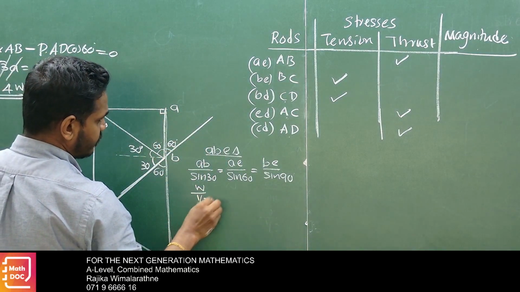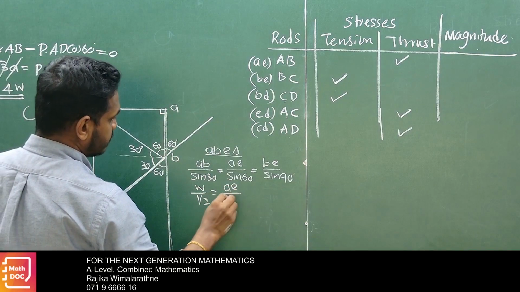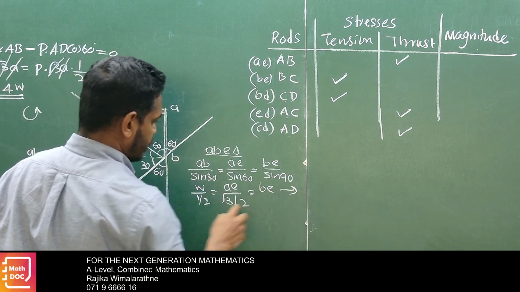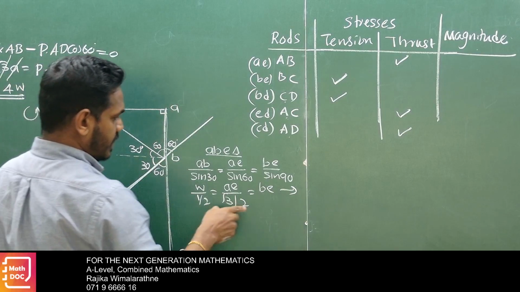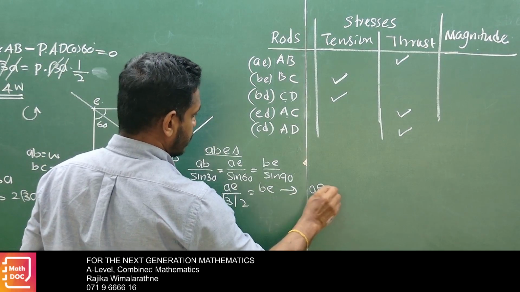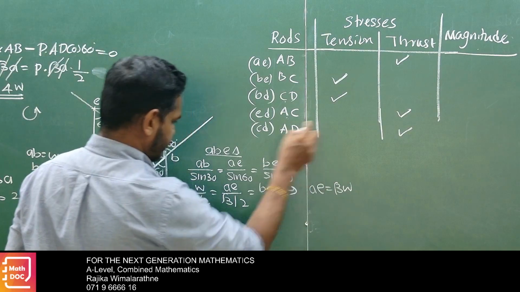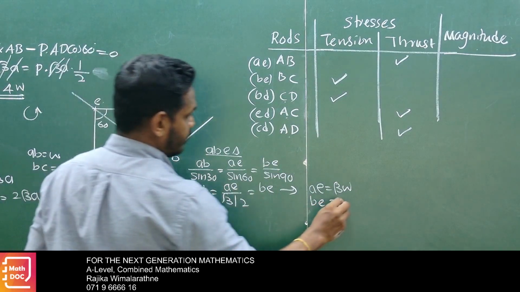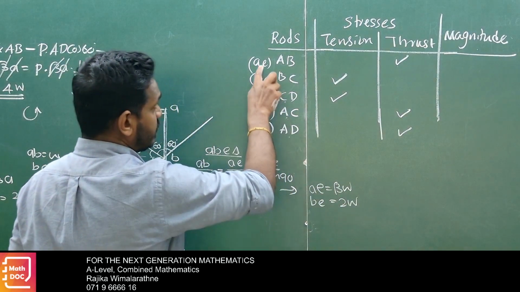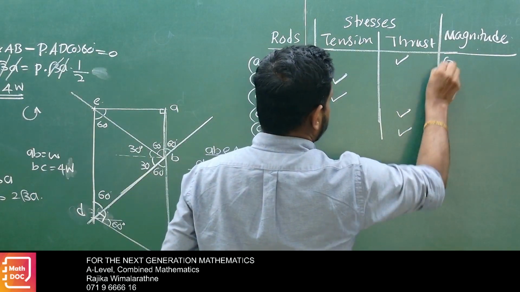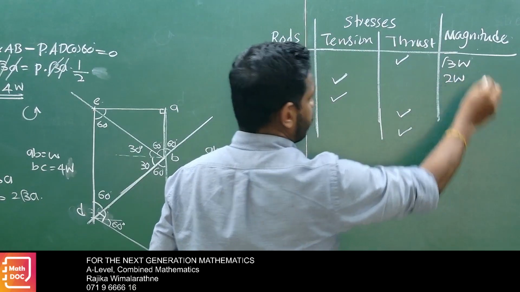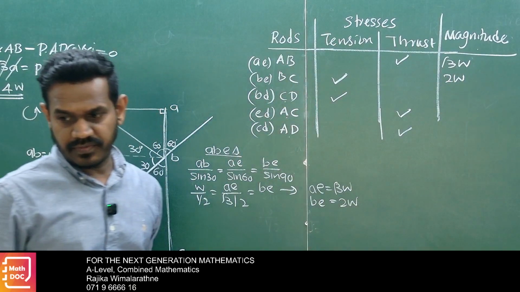Sine 30 is half. Sine 60 is root 3 over 2. BE, then AE is root 3 W, BE is 2W.